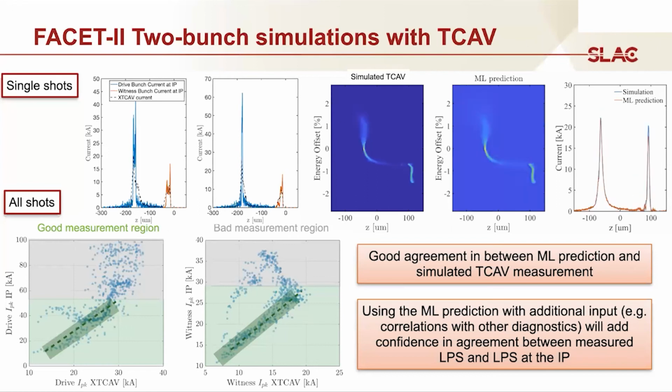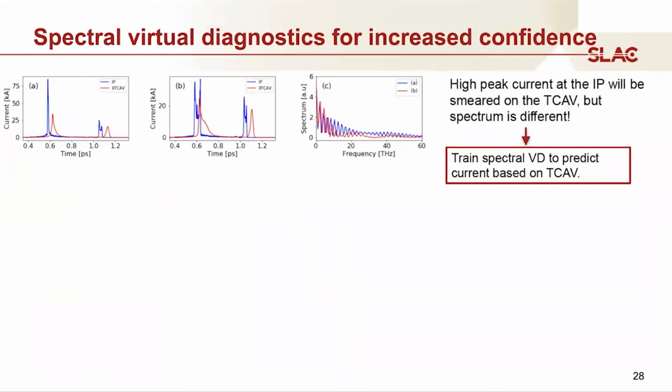And that has been the subject of ongoing work that's been done by Adi Hanukkah and myself and others. And these are plots that I got from Adi, which show essentially the difference between exactly what I was discussing, shots that are very high peak current and then are streaked and measured by the X-band TCAV, which measures a lower peak current because of the resolution limits.